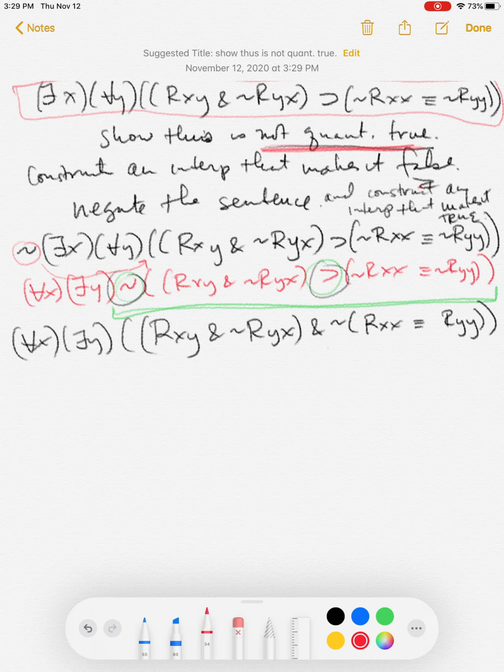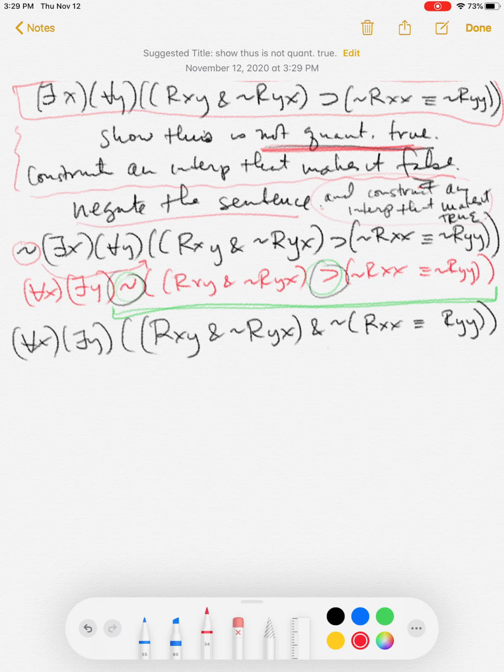But we had a hard time parsing that sentence. To show that it's not quantificationally true means to construct an interpretation that makes it false. Okay, but it's hard to do that because we can't quite get a grip on the sentence. So we realize that if we negate the sentence and we can construct an interpretation that makes the negation true, that would be equivalent to constructing an interpretation that makes the original sentence false.